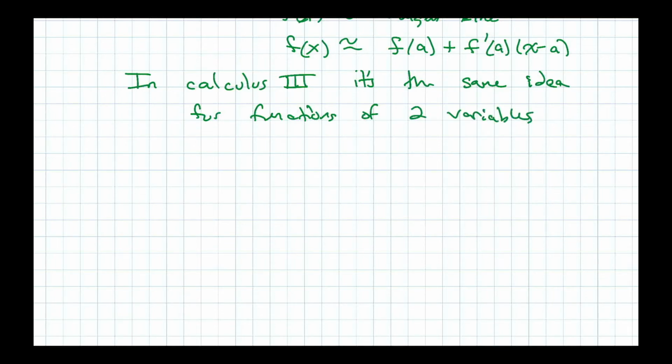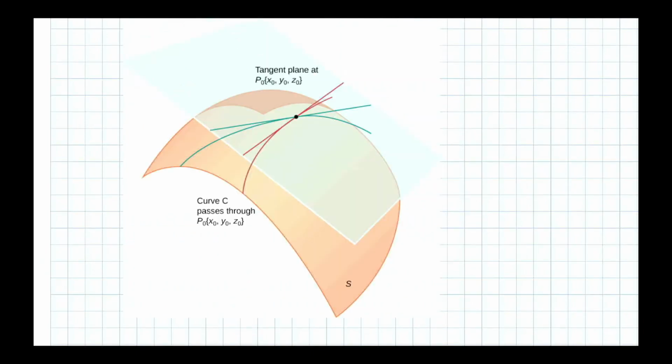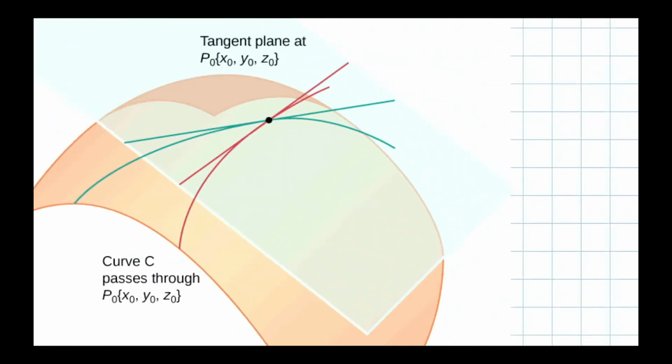Let me put the picture of a tangent plane on here again. Make that a little bigger. So the idea here is if you just highlight a little section around this point here, right?